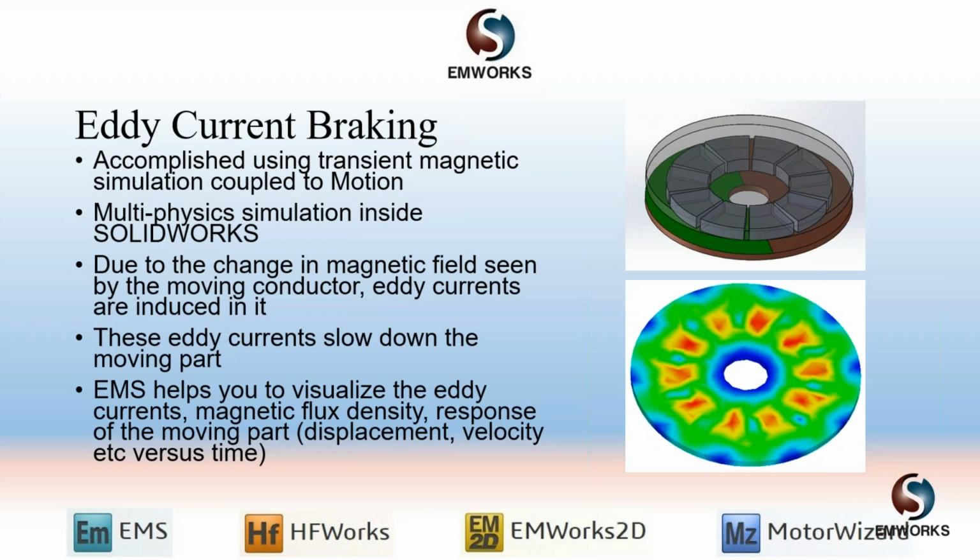Now, for example, I have something on my right. You can see a disc that is partially in green and partially in brown in the top right hand corner image. Now imagine that this is a disc that is rotating at a particular RPM.